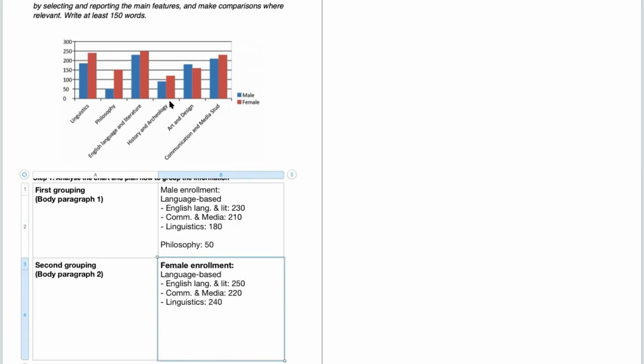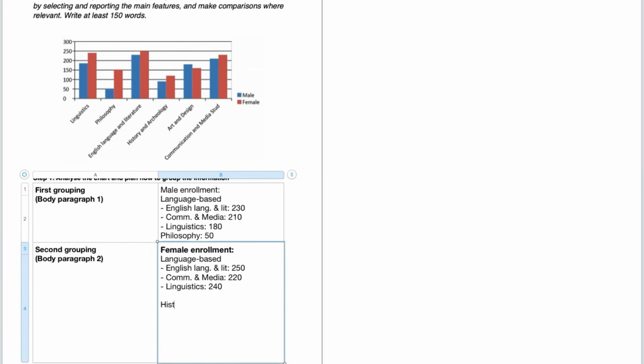Then again, analyzing the trend, I am not really going to talk about philosophy or art and design because again, these are mid-range. Instead, I'm going to look at the lowest, and that seems to be history and archaeology at just over 100, looks like 120 right here. So I'll just say history and archaeology, and again, 120.